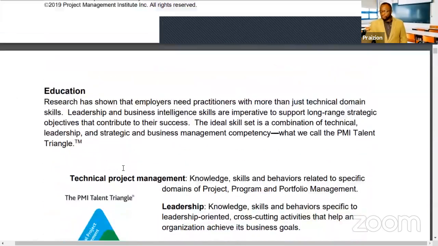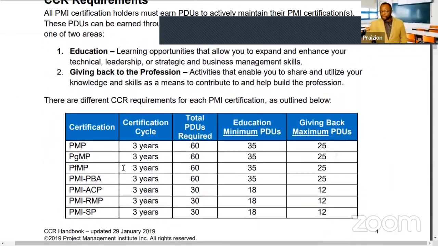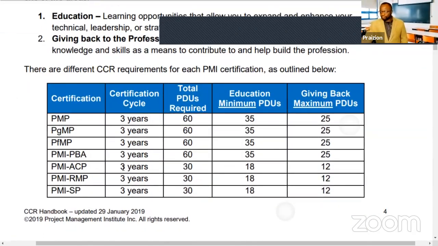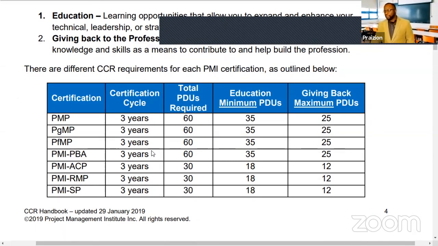So that's the giving back. And you can see giving back a maximum of 25 if you are a PMP. So for example, if I go out to train a course on PMP for 40 hours, I can only claim 25 of those hours as PDUs.